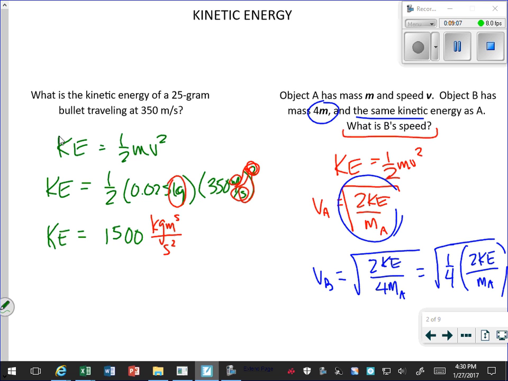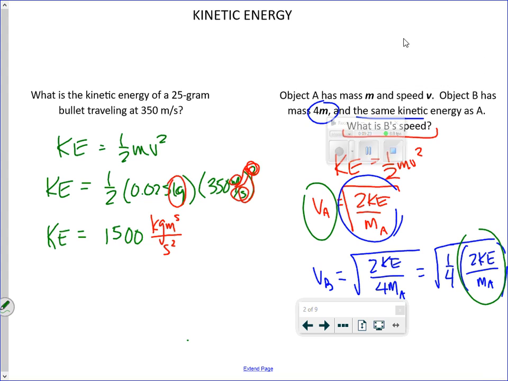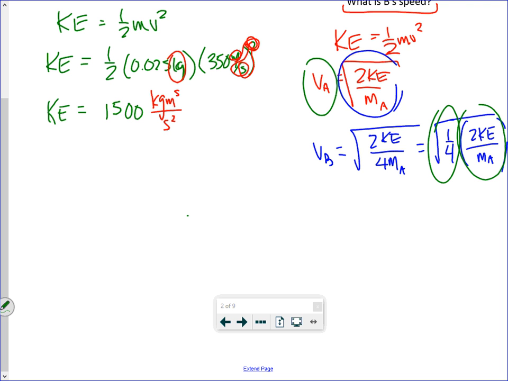You'll notice that this part, the square root of that, is VA. Notice this is the square root of a fourth times the original. So VB is 1/2 VA. Are you satisfied? Great. Okay, onward.